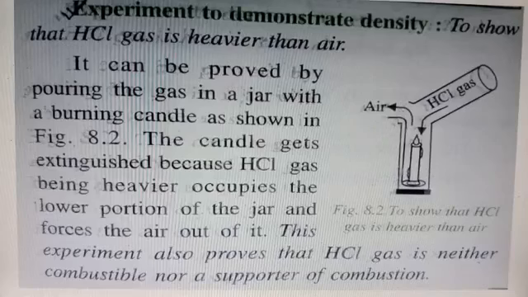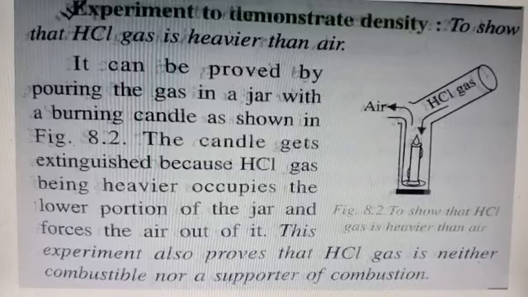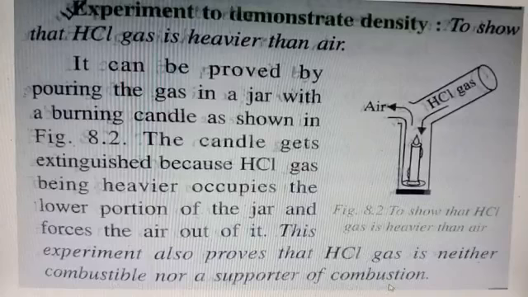So this experiment also proves that hydrogen chloride gas is neither combustible nor a supporter of combustion. Not only is hydrogen chloride gas heavier than air, but this experiment also shows that hydrogen chloride gas is neither combustible, that means it neither burns nor helps in burning.